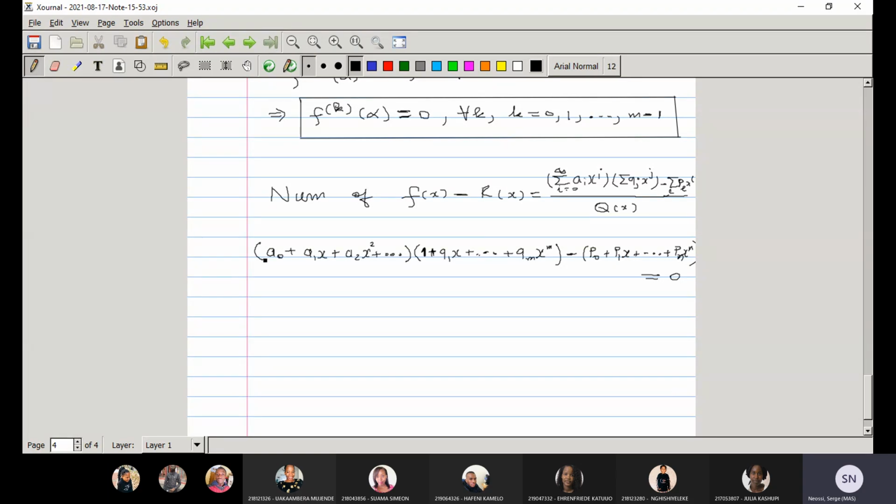For now, what we want to do is expand this entire expression and look at the coefficient of a certain x^k, which I call here a. No, the coefficient will not be a, because it will be a combination of a, q, and p. So I will call that, okay, maybe c. Let me call that c. So this is what we are looking for from this expansion, because this will be a series.